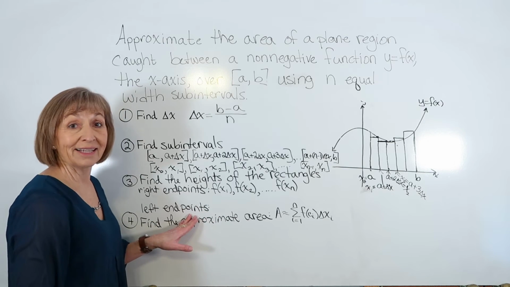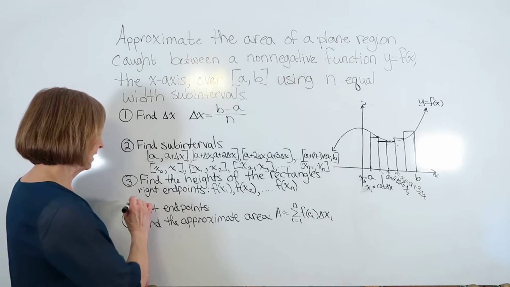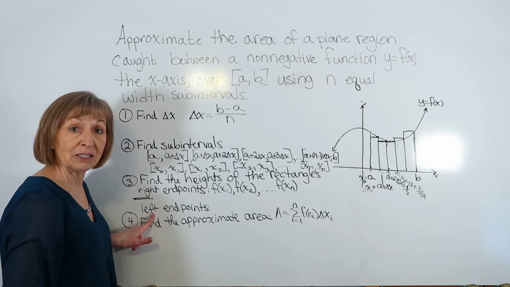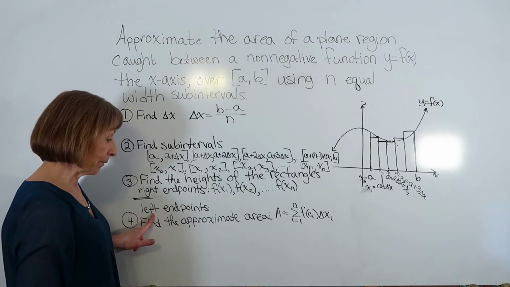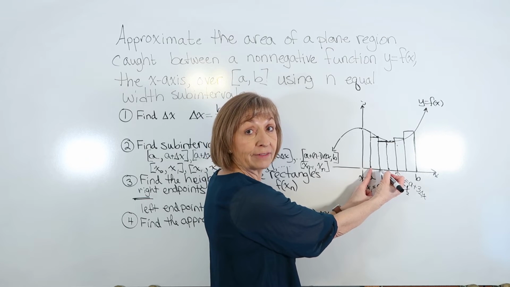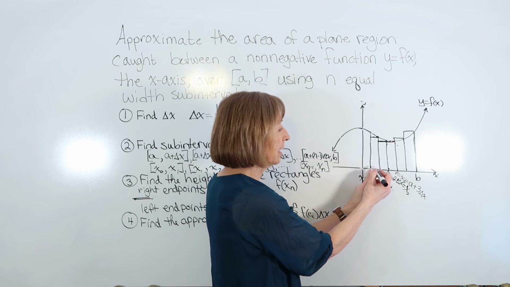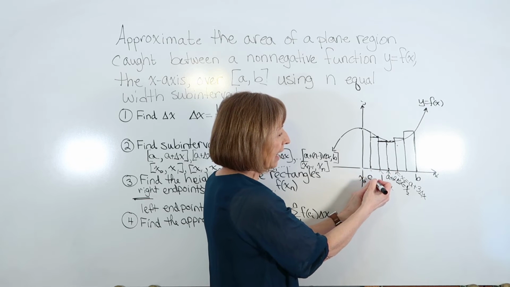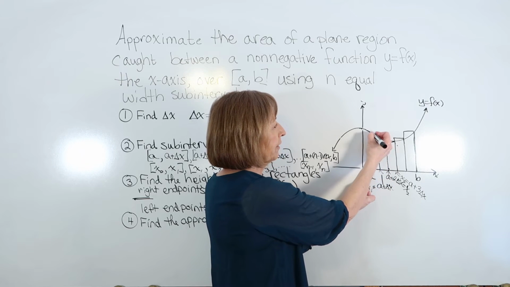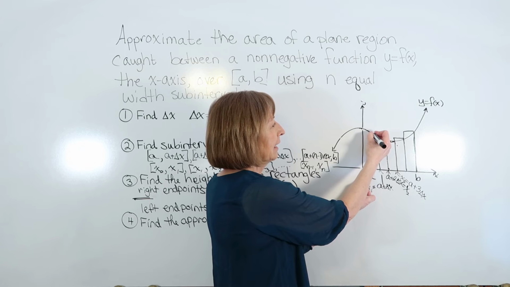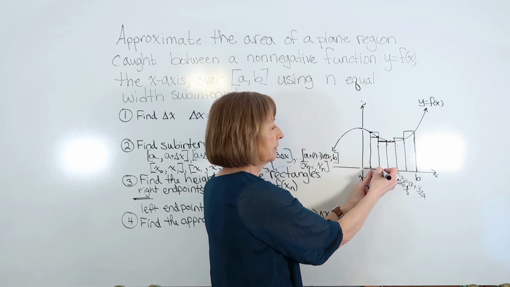Now what if it was a different question and they asked me to use the left endpoints? For the left endpoints, I would go to my first subinterval. This is my left hand. So I'm going to run this x sub 0 through the function to get the height. And then I do a horizontal line across to the right to hit the subinterval and down.